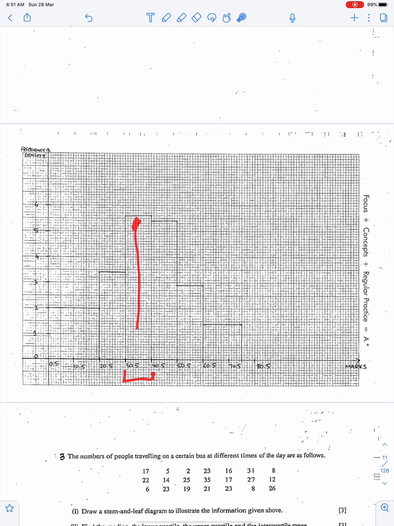From a histogram we can get 2 things. Number 1, we can get the modal class, and number 2, we can understand the type of distribution, like if the distribution is positively skewed or negatively skewed. This highest bar is close to the lower side, so you can say this distribution is approximately positively skewed.